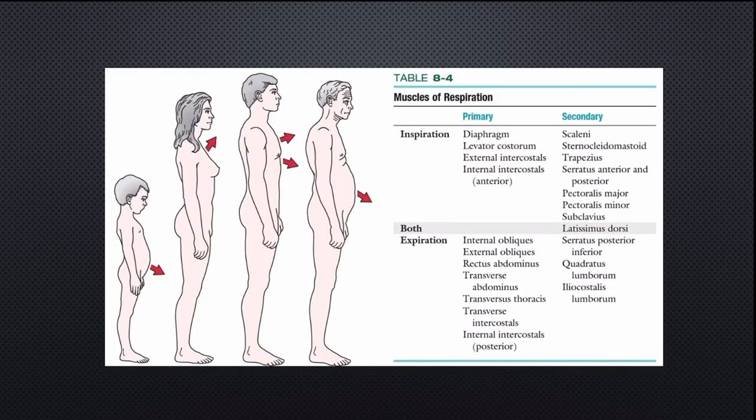Okay, next, we should also check for breathing patterns as well. So for breathing patterns, it's here. For a child, usually they are abdominal breathers. Meaning when you observe them, they breathe most likely in their lower abdomen. For women, they are most likely upper chest breathers. So when they breathe, the rising and falling of their chest are obvious. But for men, they are mid-thoracic and upper mid-thoracic breathers.